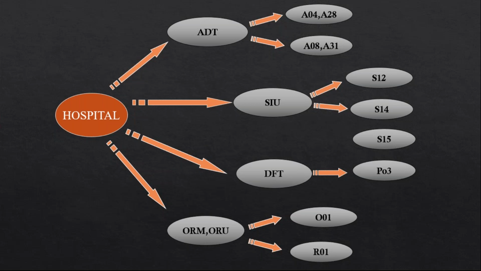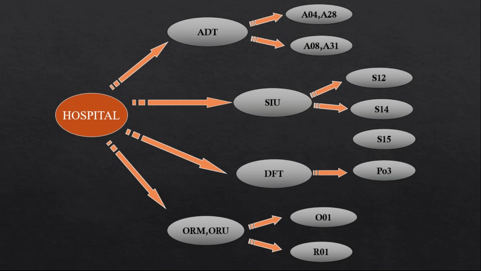But when we want to send out the information, for example, the other person says that they want to receive ADT messages. From our side, when we are sending out the ADT messages from our PM system, we can architect it in many ways. We can have a single channel communicating all the different types of messages. For example, we might want to send an ADT message, we might want to send an SIU message.